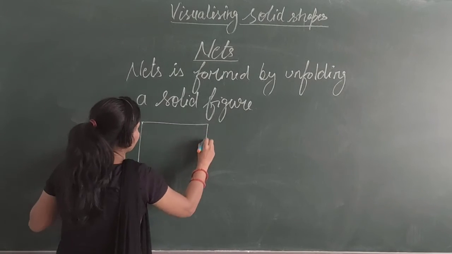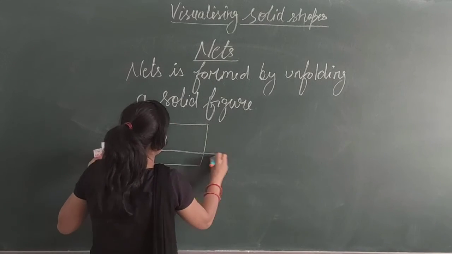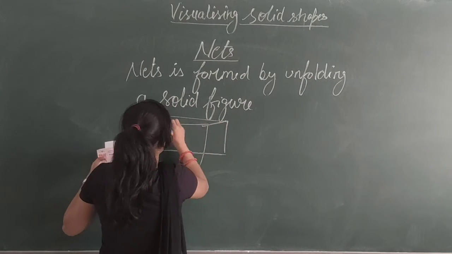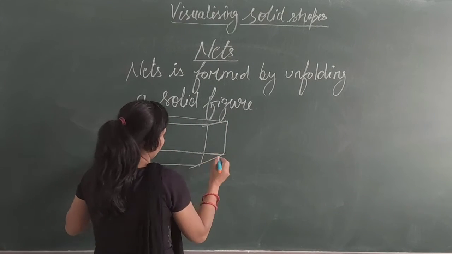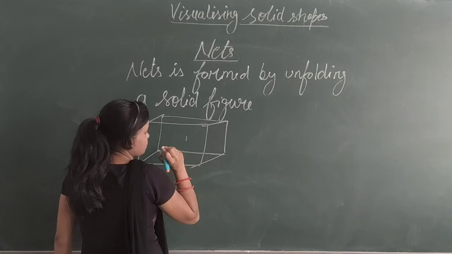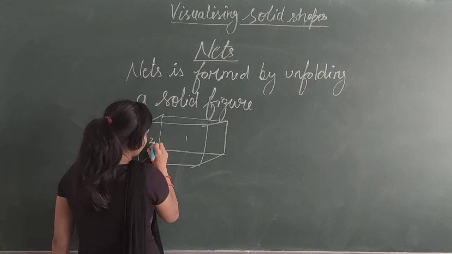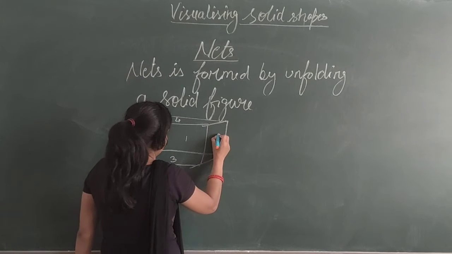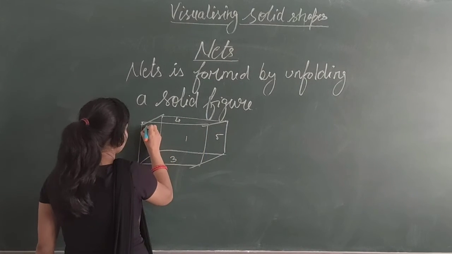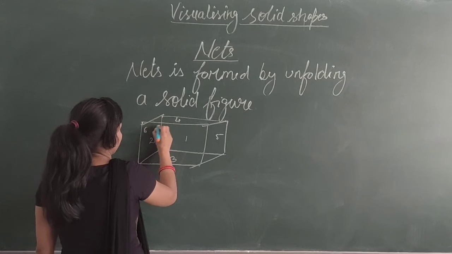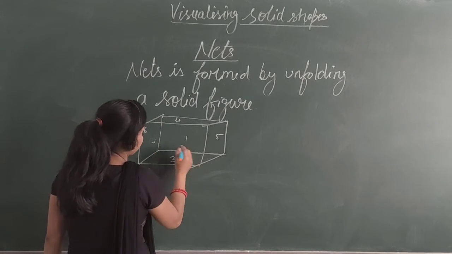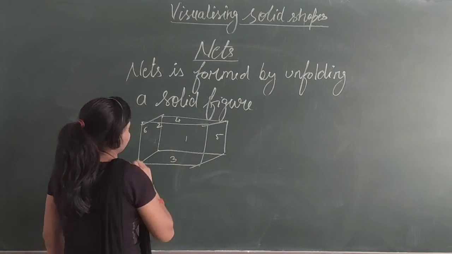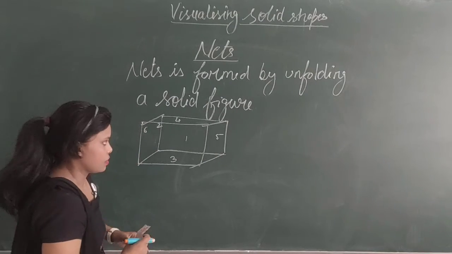I have opened a cuboid. Okay. So first face. Okay, this is the back side. Base, top, left side, and this part. This is the back side. So I can write, okay, 6 faces.